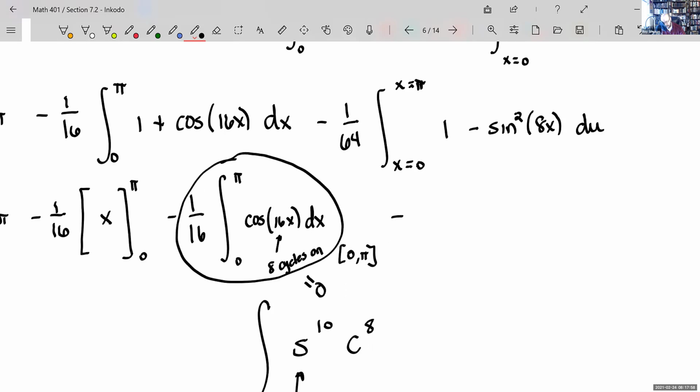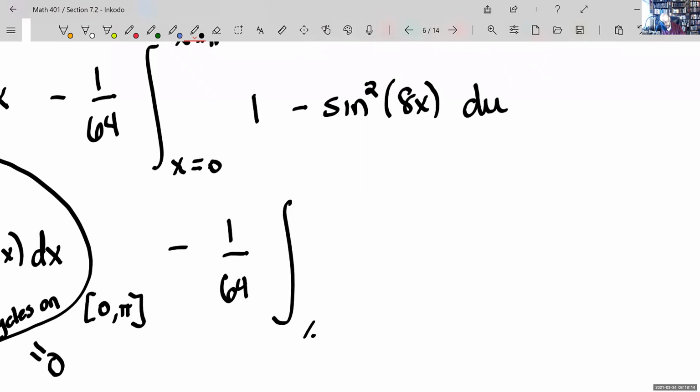Let's see, minus 1 over 64. Whoops. Let's see, 1 over 64. And this is going to be the integral, let's see, from x equals 0, I'm going to write it this way, to x equals pi of 1 minus u squared du. Remember, in this case, we had let u equal the sine of 8x.